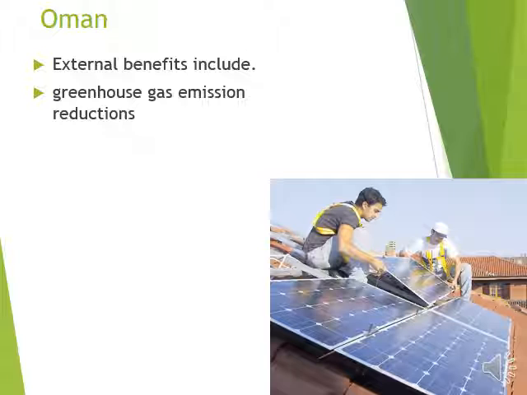So one of the first external benefits of solar panels is greenhouse gas emission reduction. So if you're using electricity that you got from solar energy as opposed to gas energy, well, that means there's going to be less CO2 emission into the atmosphere.